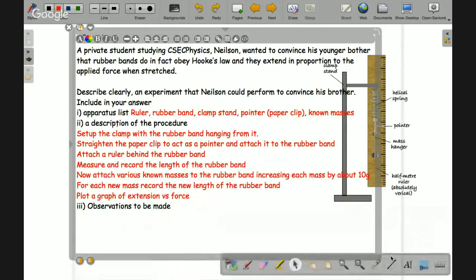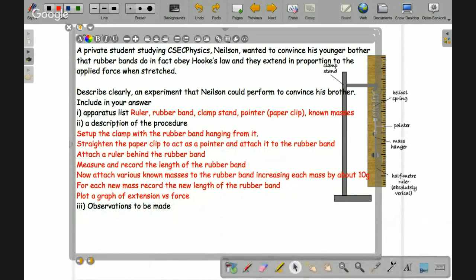The values that we are really interested in is not so much just the length of the rubber band, but we're interested in the extension of the rubber band. And we're not really interested in just the mass that we hang on the rubber band, but we're interested in the force, or the weight of the mass. So those are the two things that we need to highlight under observations.